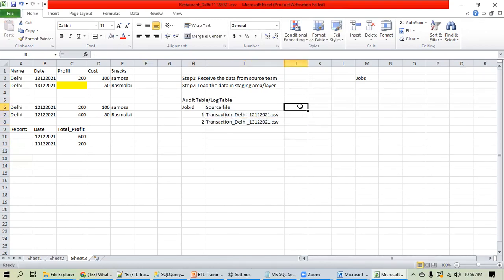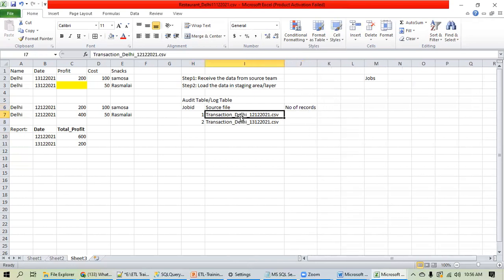Now next is the number of records. This will tell you how many records were there in the source file. Suppose in the source file there are only 2 records on 12th December. Then the next column is number of records inserted.